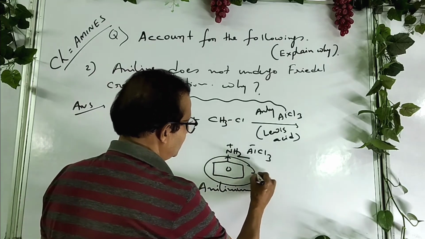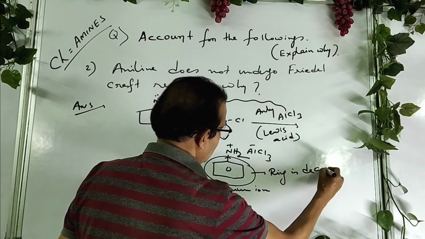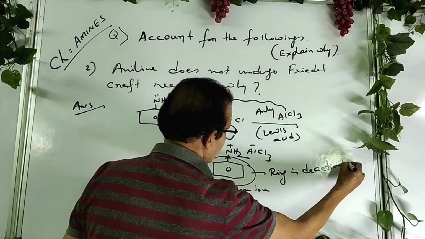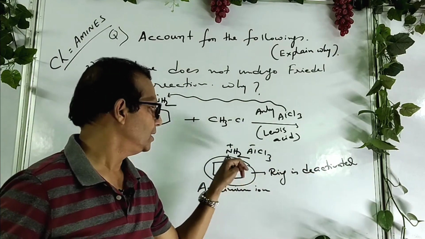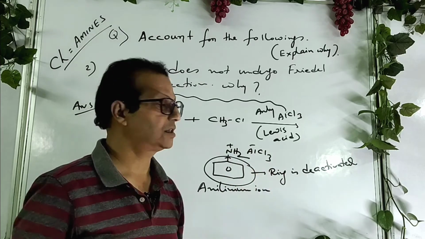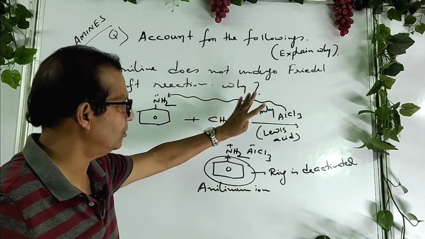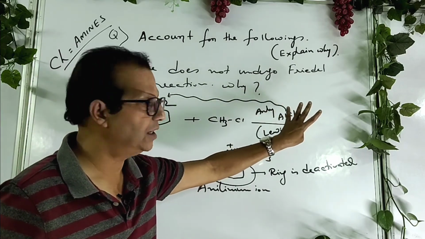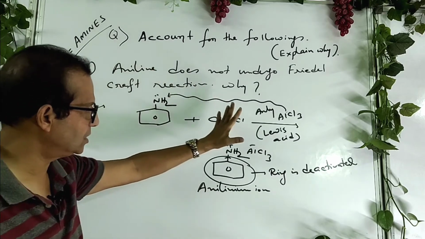So the ring is deactivated. Do you know what is the meaning of deactivated? The reactivity of benzene ring decreases. That's why aniline does not undergo Friedel-Crafts reaction. This is the thing. So you understand what is the answer?